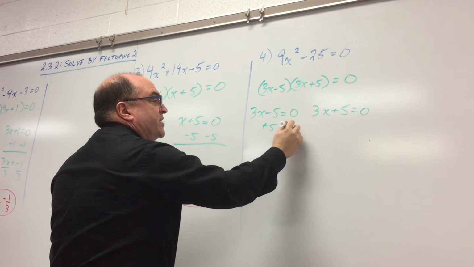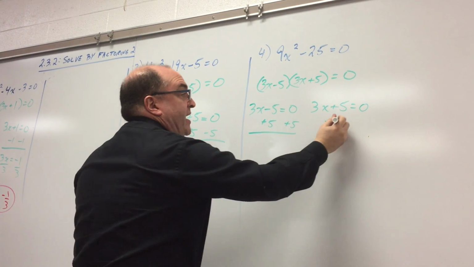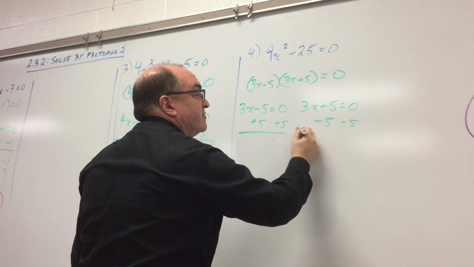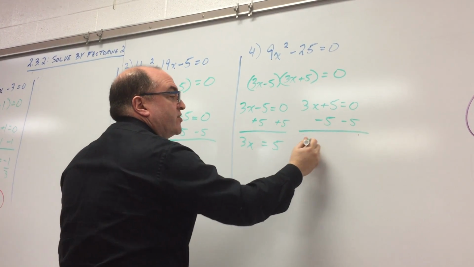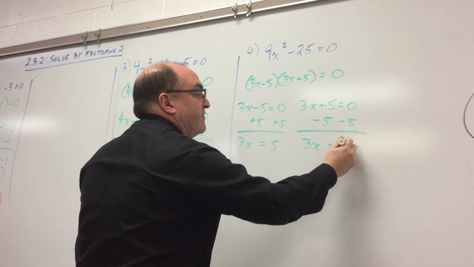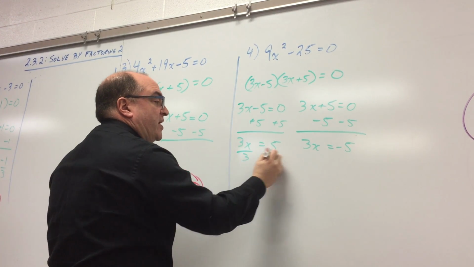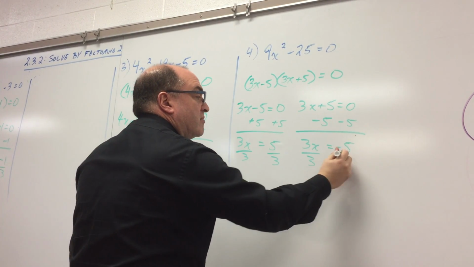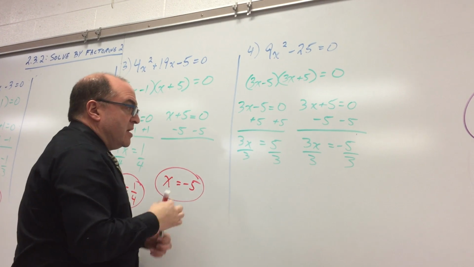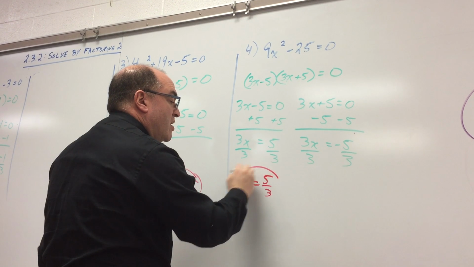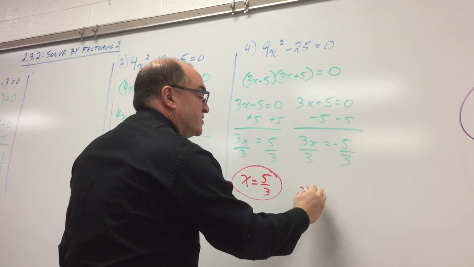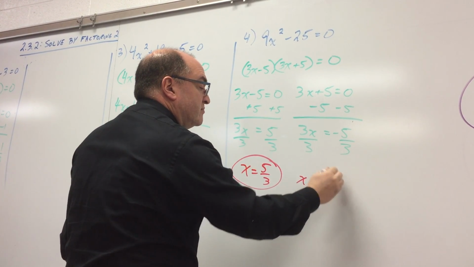Add 5 to both sides over here. Subtract 5 from both sides here. 3x equals 5 over here. 3x equals -5 over here. Divide by 3. x equals 5/3 or x equals -5/3.